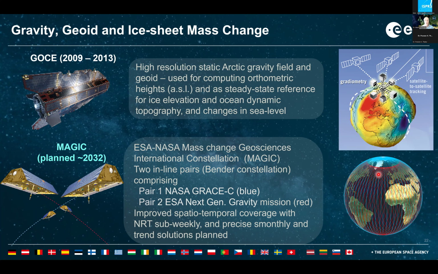And we'll have a second pair of satellites combined at lower inclination orbit to provide a much more dense spatiotemporal coverage, which will allow us to access near real-time data at sub-weekly timescales, and it'll also enable us precise monthly and trend solutions from the combination of the two mission data sets.